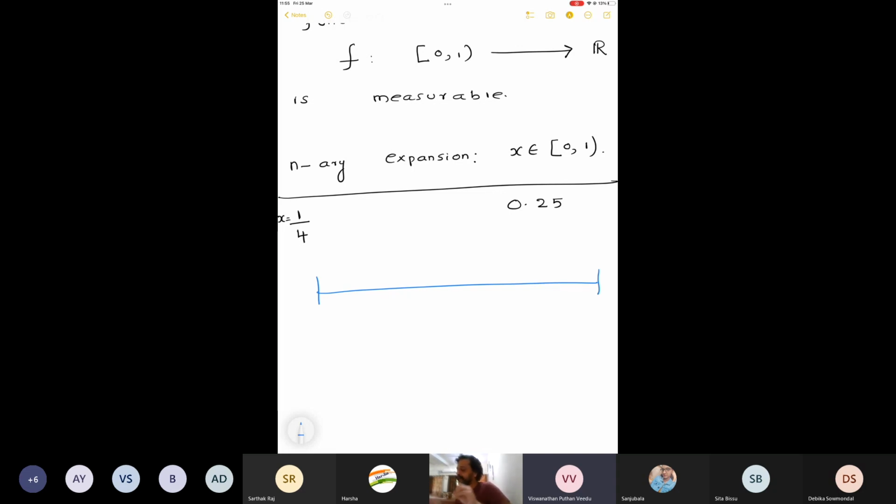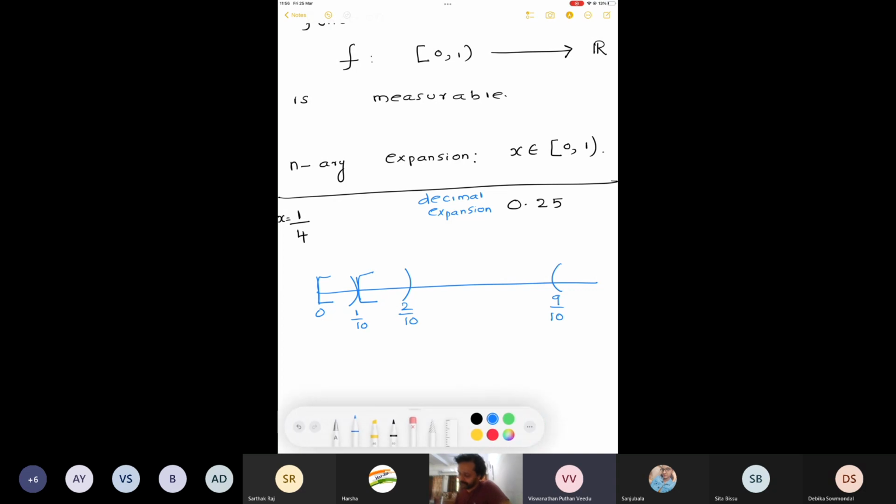What you do is, if you want a decimal expansion, you divide [0, 1) into 10 subintervals of the form [0, 1/10), [1/10, 2/10), and so on up to [9/10, 1), left closed, right open.